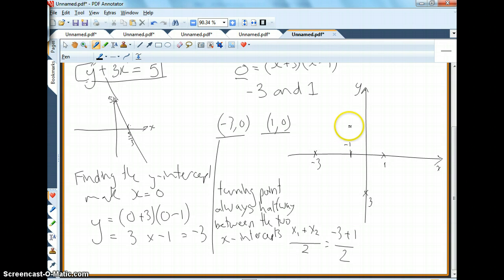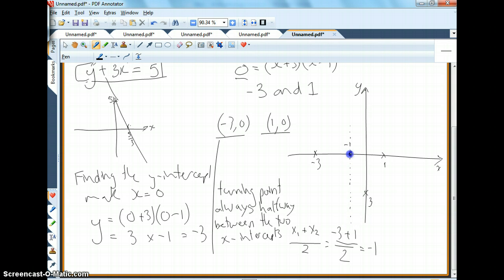So in other words, the turning point is going to be on this line here somewhere. You can work this out. What's minus 3 plus 1? Minus 2. Minus 2 divided by 2 is minus 1. Hence, that's going to be the line that our turning point occurs on.